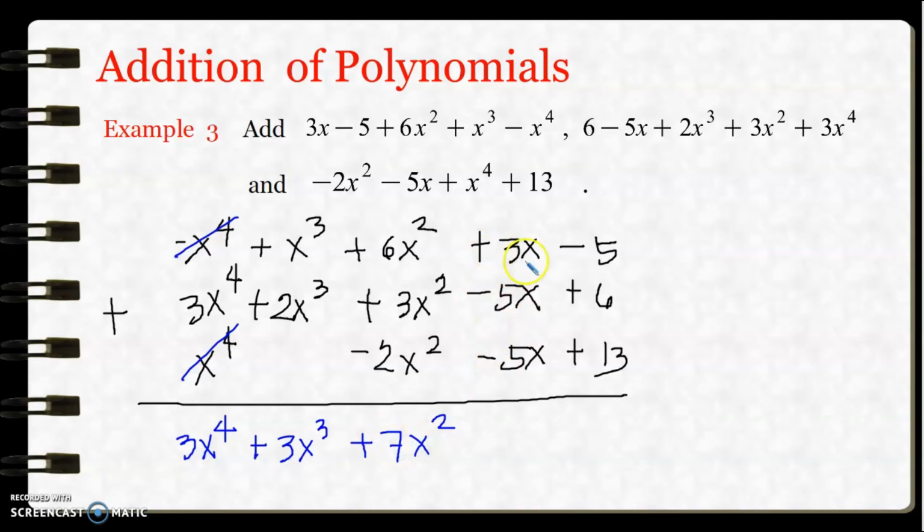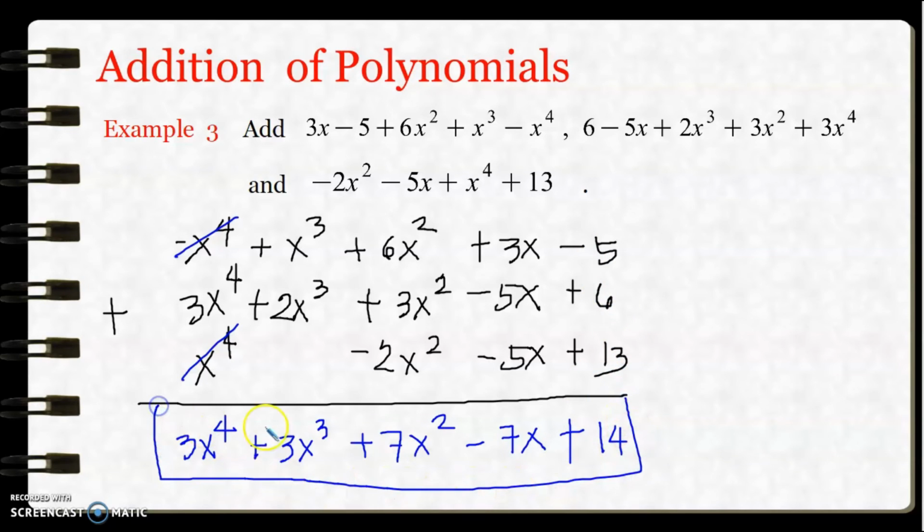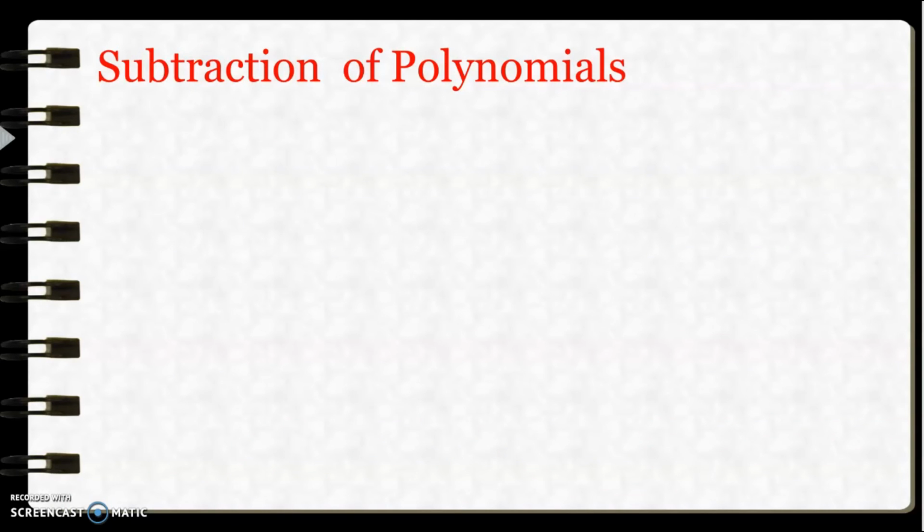And then 3 and negative 5, negative 5, negative 10 plus 3, negative 7x. And last but not the least, 6 minus 5 is 1 plus 13 is 14. And there you have the final answer to be 3x to the fourth plus 3x cubed plus 7x squared minus 7x plus 14. Okay?